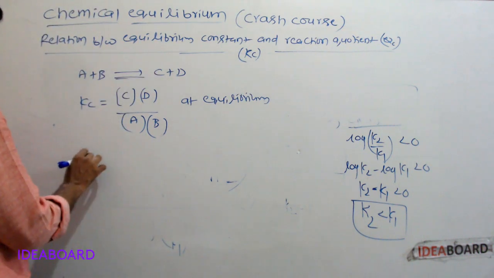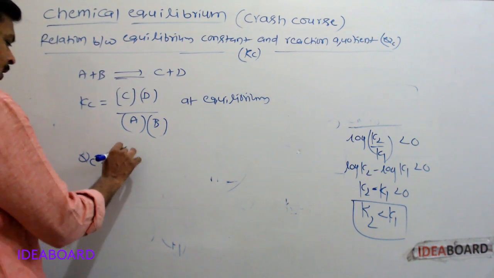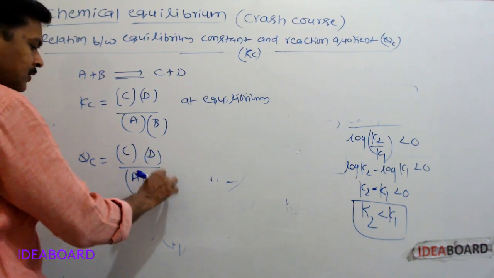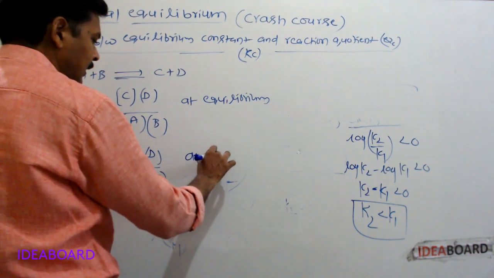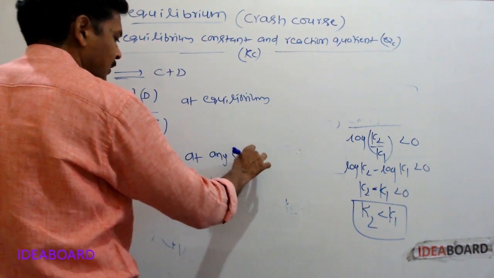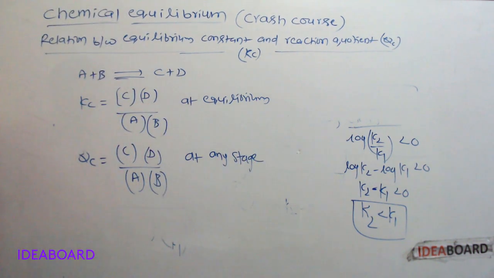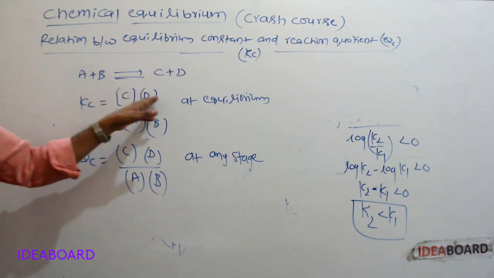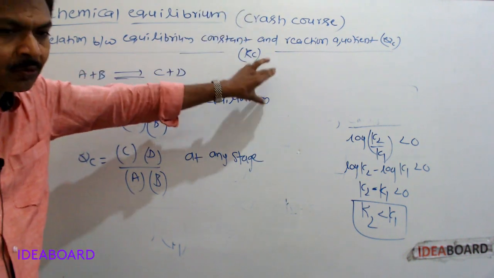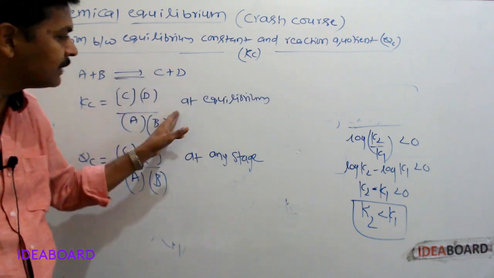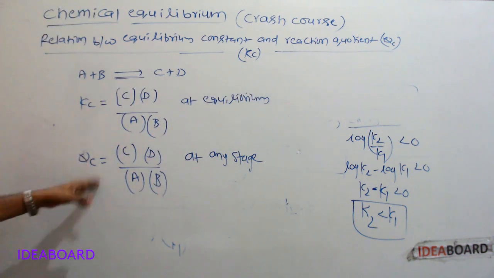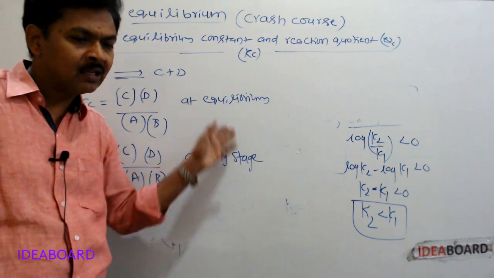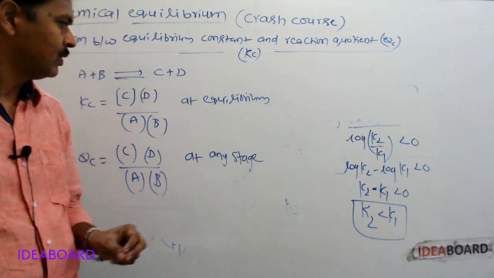For the same reaction, the Qc formula is the same. Here also the formula is the same, but these concentrations are at any stage during the progress of the reaction.